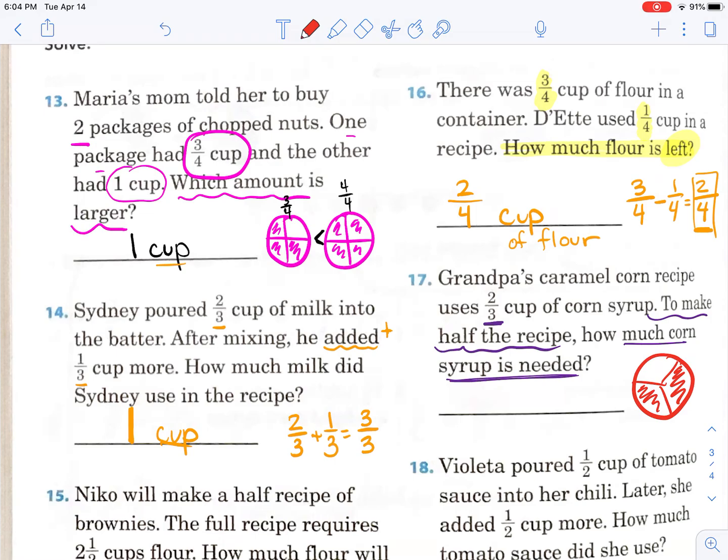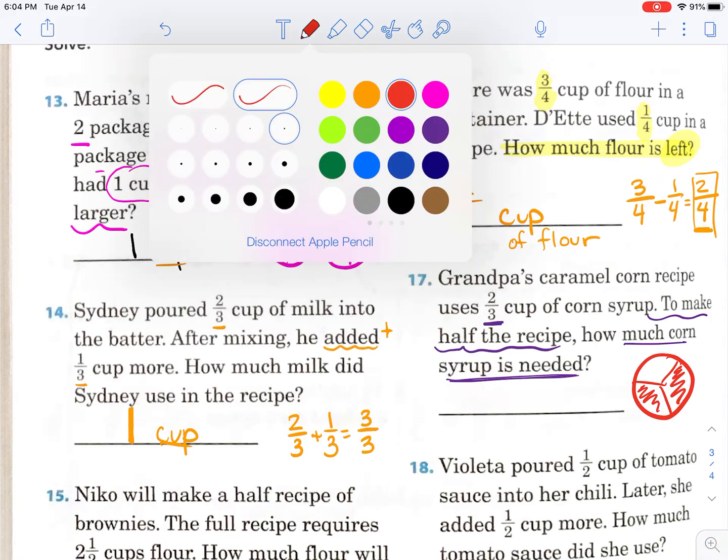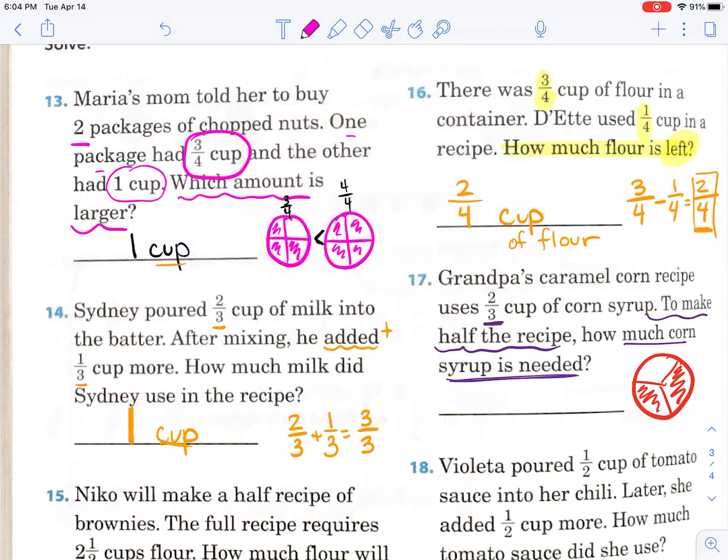Cut it in half? Sure. 2/3, take away half of the thirds? 1/3. Which is still the same as 2/6. But I just added an extra step there. Sorry about that. So you have 1/3 cup of corn syrup. Awesome.